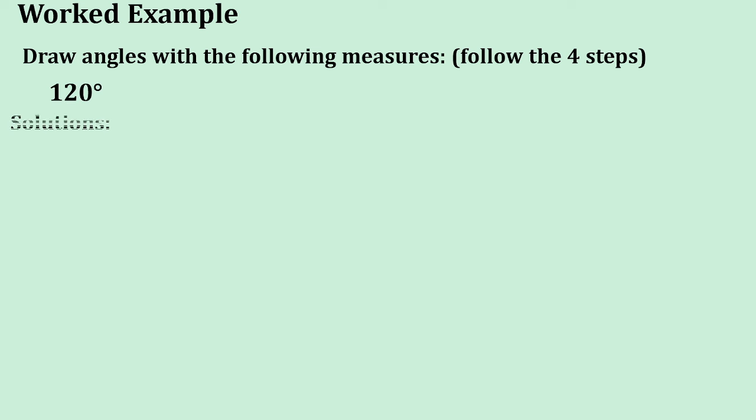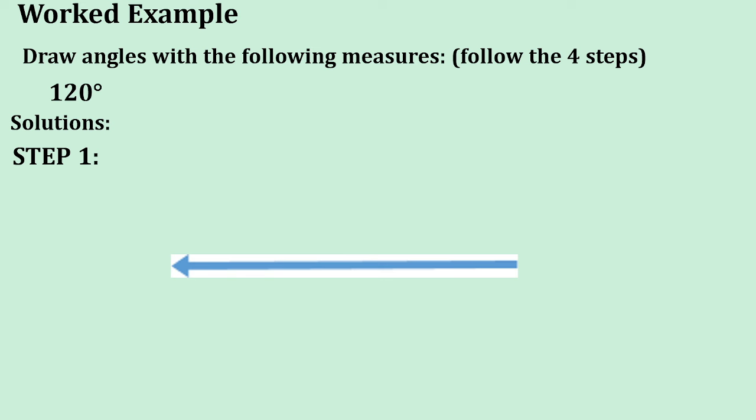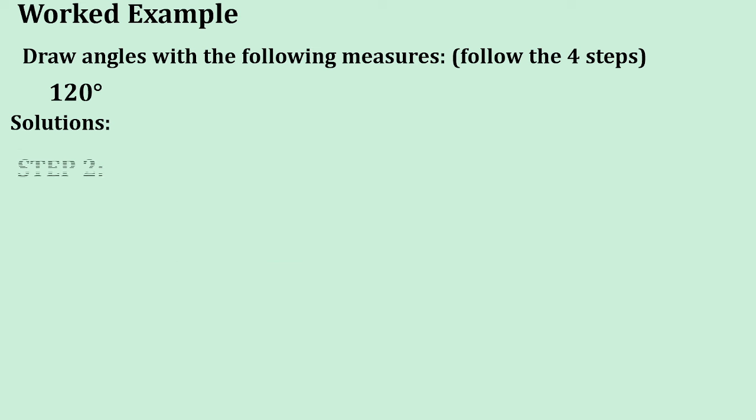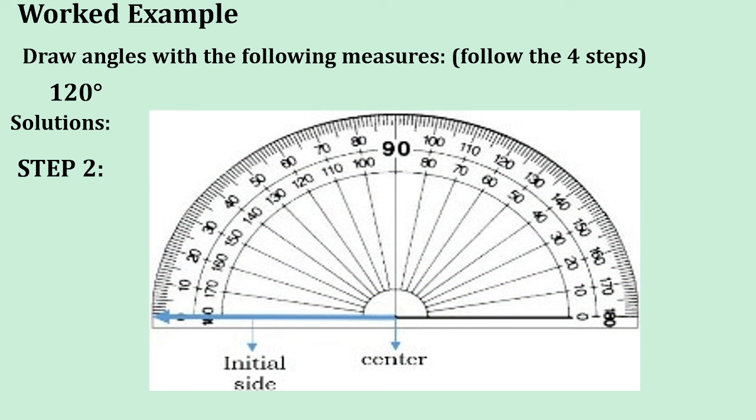120 degrees. Solution. Step 1. Draw a ray in any direction. Step 2. Put the protractor on top of the ray. The center must be on top of the vertex and the baseline must be aligned with the initial side.